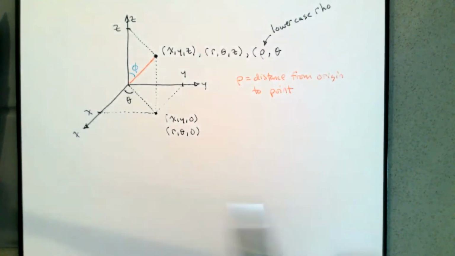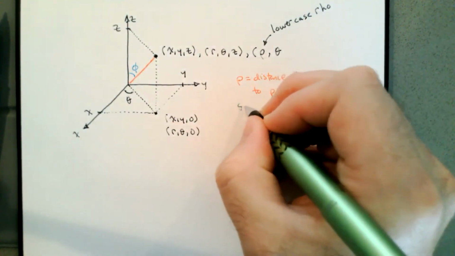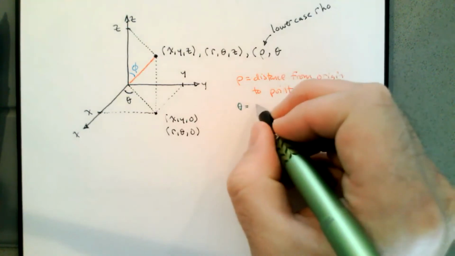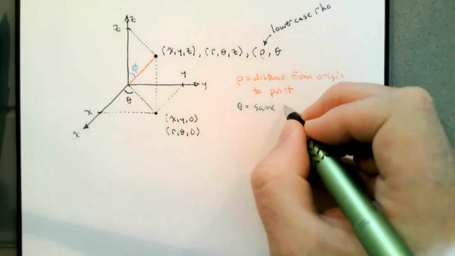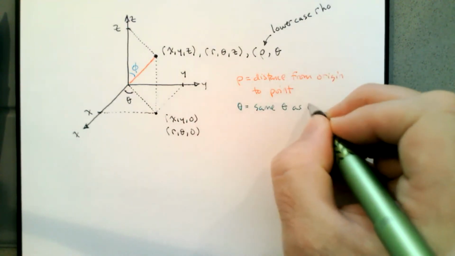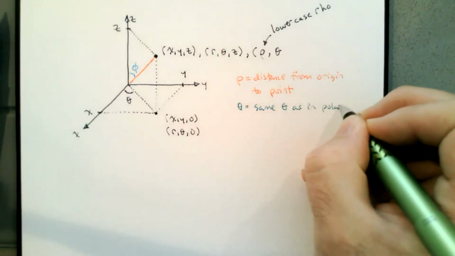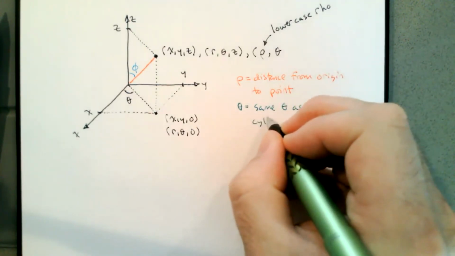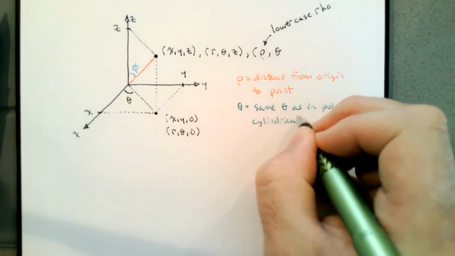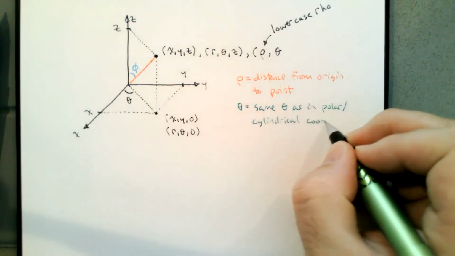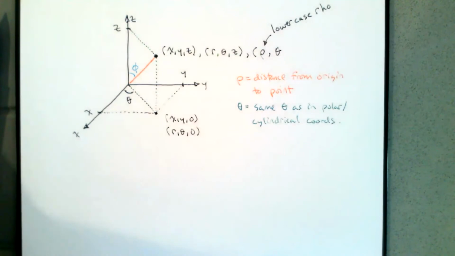So theta is the same theta as in polar and cylindrical coordinates. And this new angle phi is measured from the positive z-axis to the point.